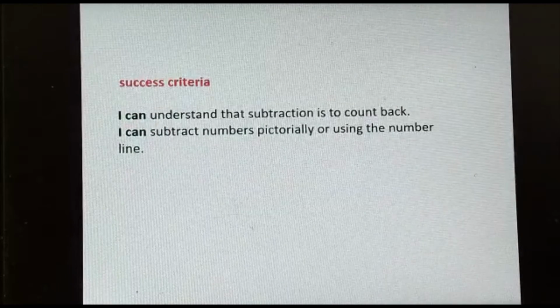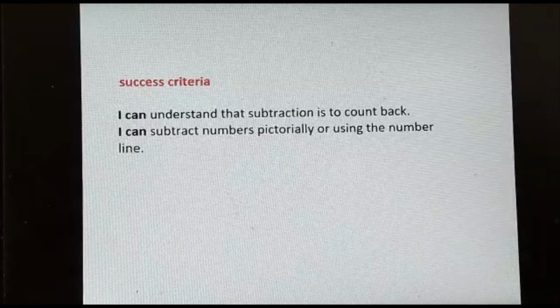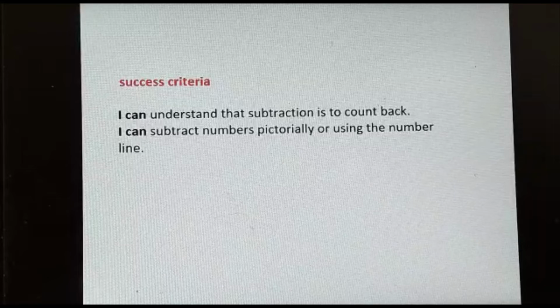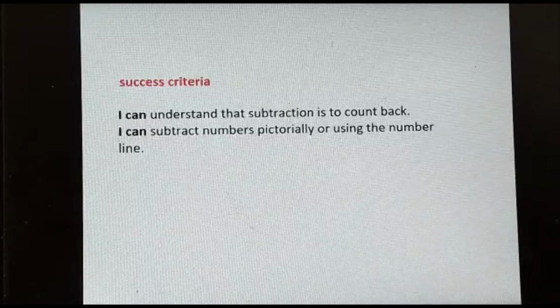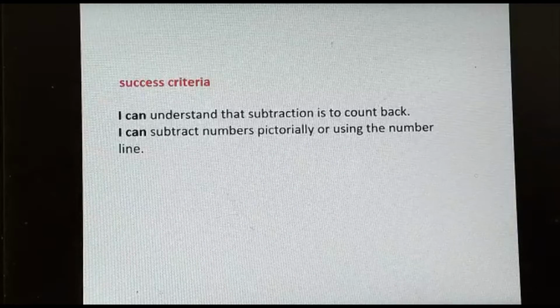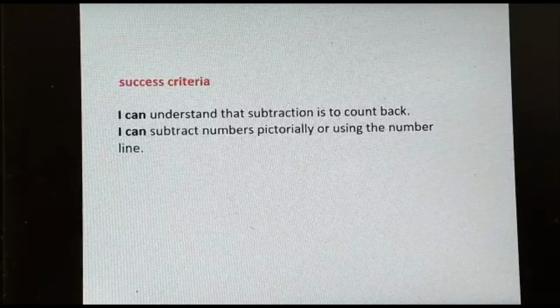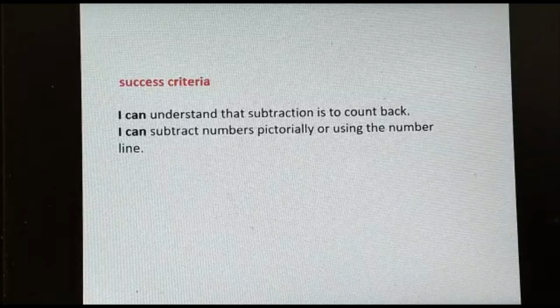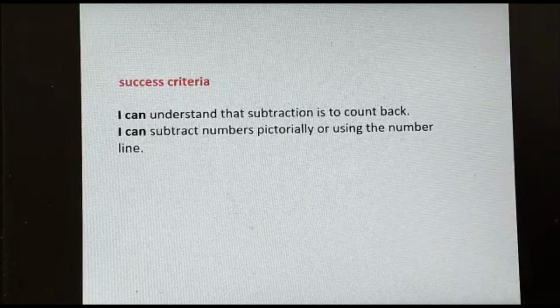Moving on to the success criteria. Success criteria is what we need to make the children understand: at the end of the lesson, what they need to assess themselves on. The child should be able to understand that subtraction is to count back.